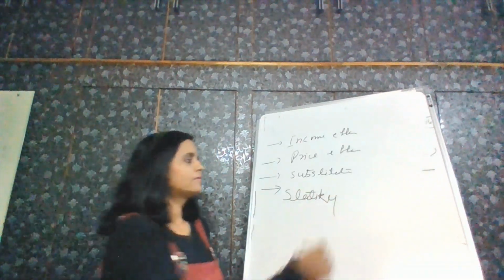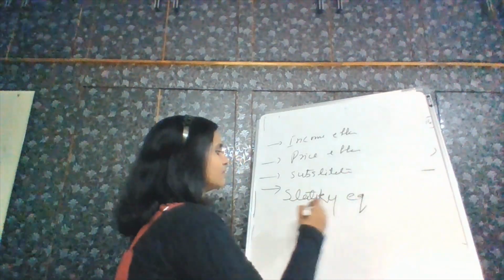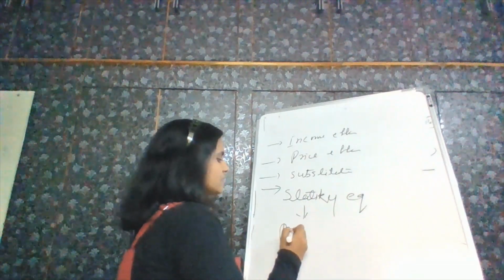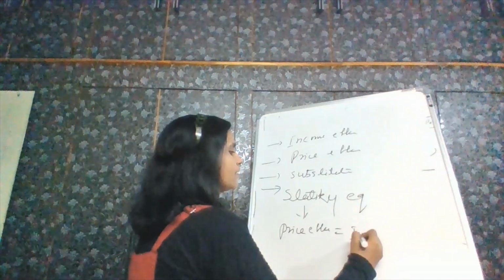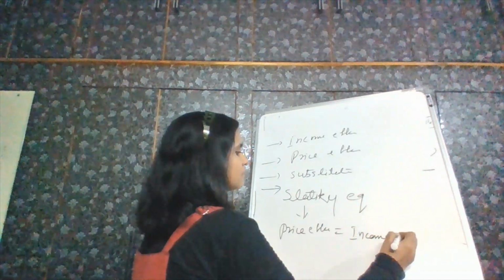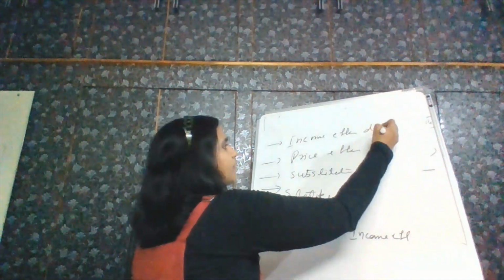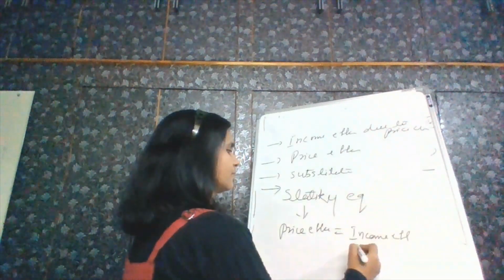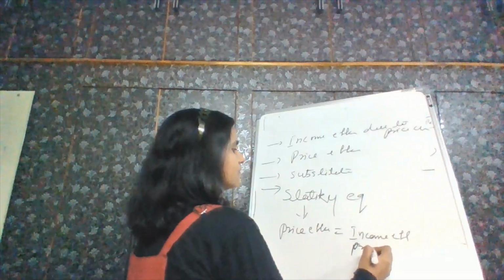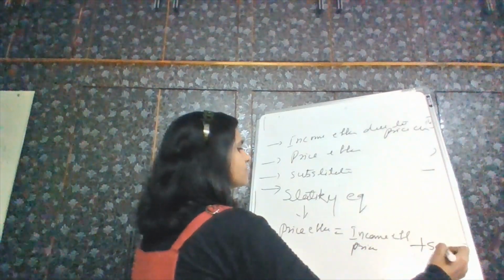Slutsky equation, which we saw, where your price effect was equal to your income effect due to price change plus substitution effect.